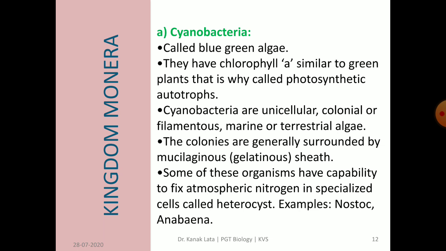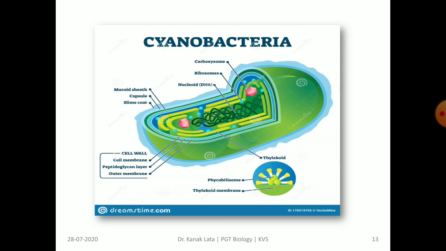These bacteria have special cells called heterocysts, and here they fix atmospheric nitrogen, meaning they are capable of converting atmospheric nitrogen into a soluble form of nitrogen. Examples of cyanobacteria are Nostoc and Anabaena. Here you can see cyanobacteria.